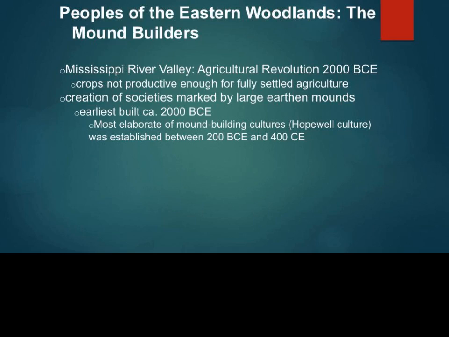Okay, so with these societies, we see large earthen mounds. Burial mounds of the Hopewell culture, specifically. And the earliest was about 2000 BCE. Archaeologists have discovered massive earthworks that indicate a high level of social organization and wealth. And this is what's called the Hopewell culture, after the name of an archaeological site.